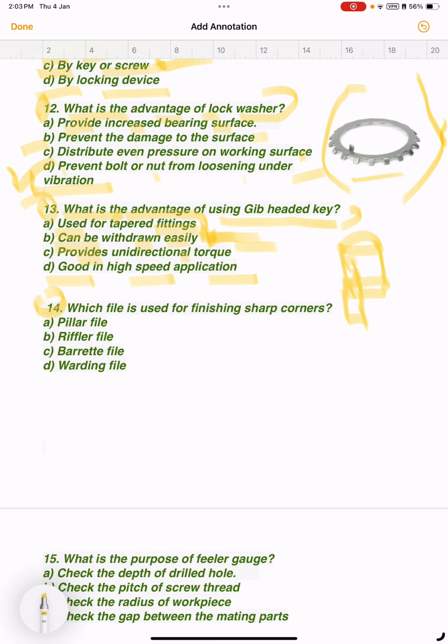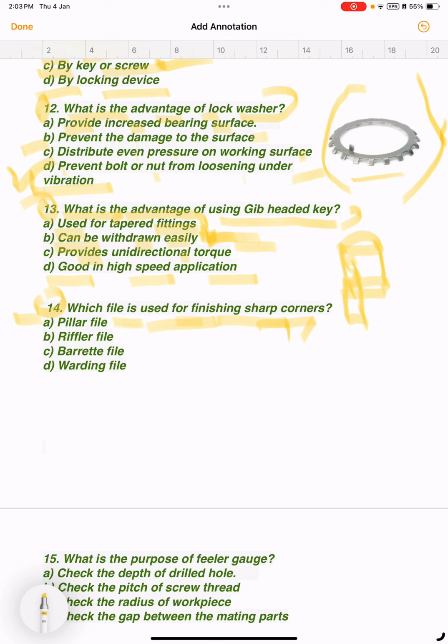Question 14. Which file is used for finishing sharp corners? While machining a job, there are some burrs and chips left at the machining position. Which file is used to remove that sharpness?